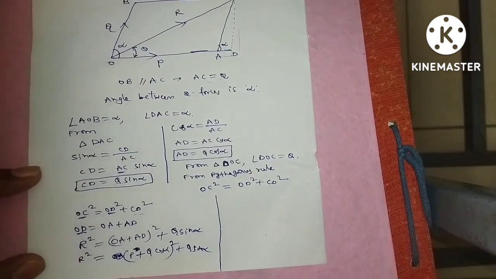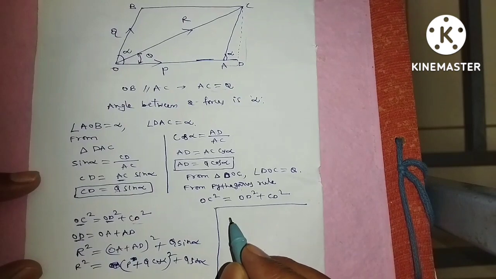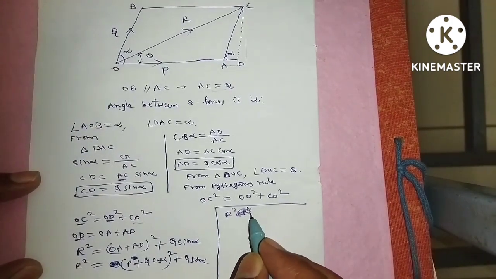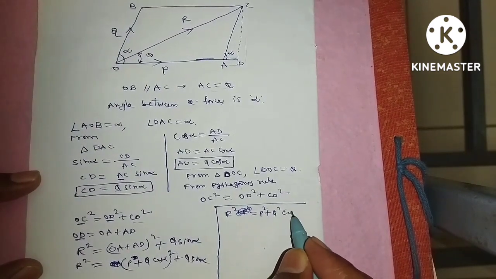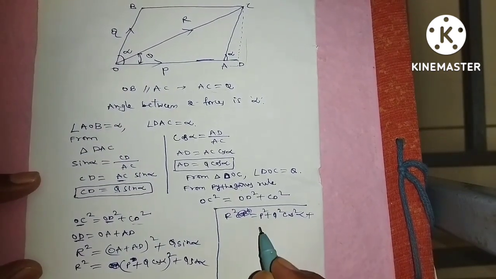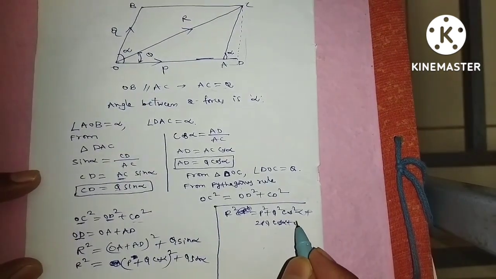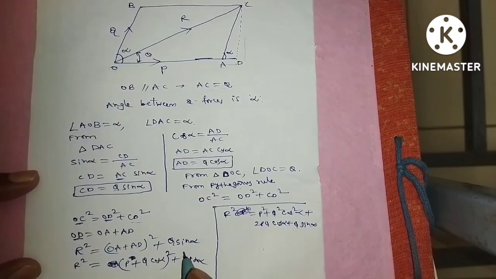From this we can simplify. R square is equal to P square plus Q square cos square alpha plus 2PQ cos alpha, using the a plus b whole square rule, plus Q square sin square alpha.